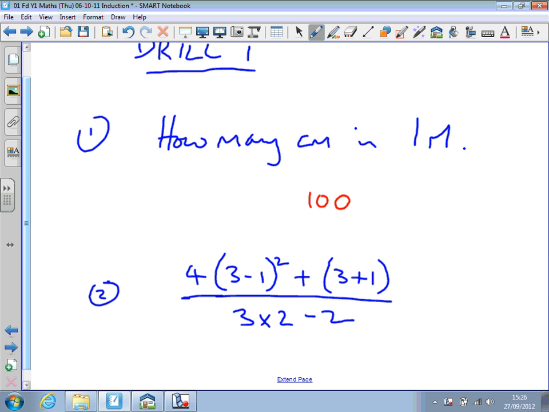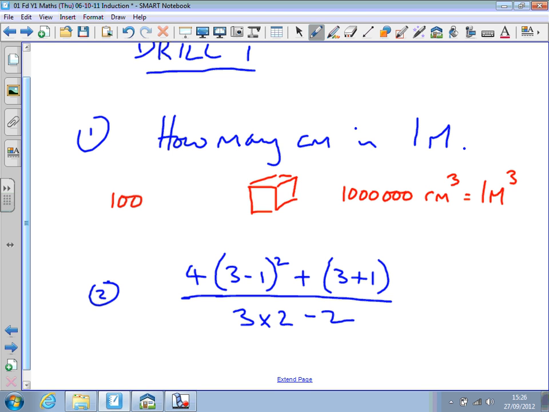How many cubic centimetres in a cubic metre? 1,000,000. Right. It's 100 times 100 times 100 because it's a cubic metre. So 1,000,000 cubic centimetres is 1 cubic metre.